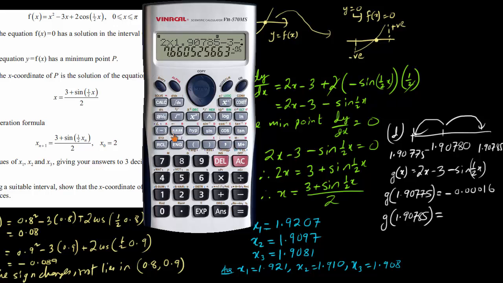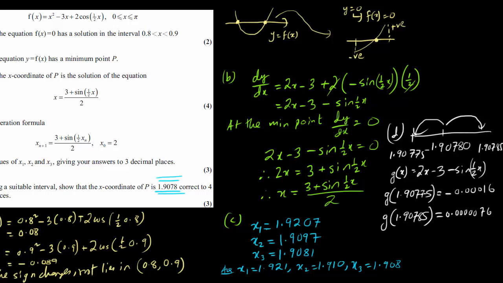So this is going to be, let me change to standard form, 0.000076. So the sign changes. So since the sign changes, the root is 1.9078.